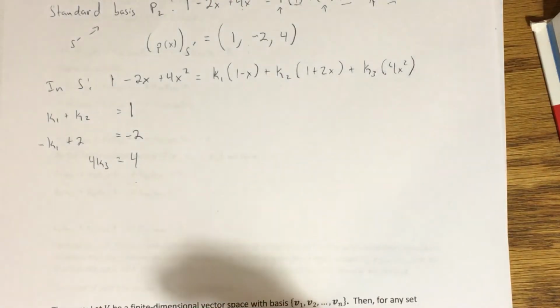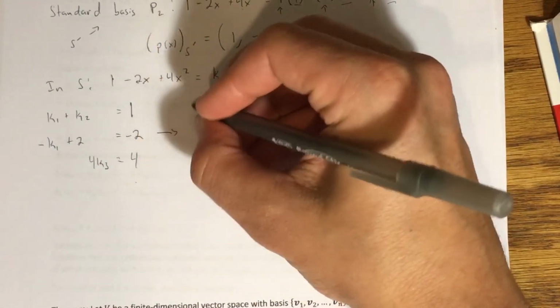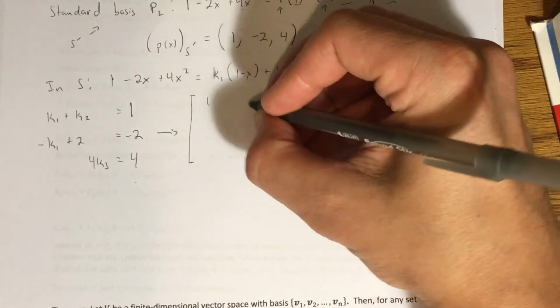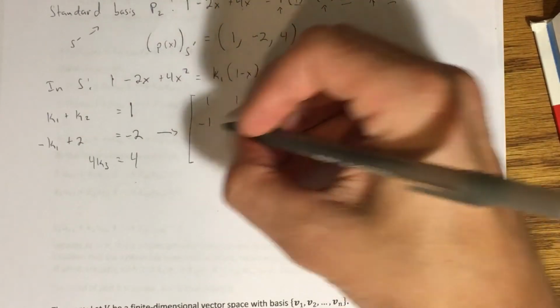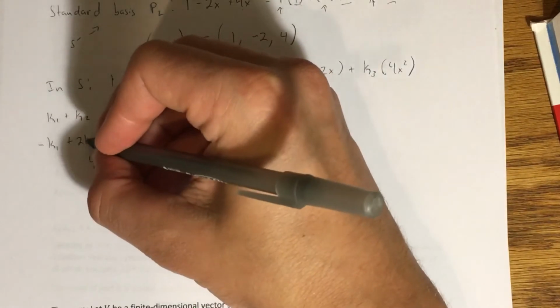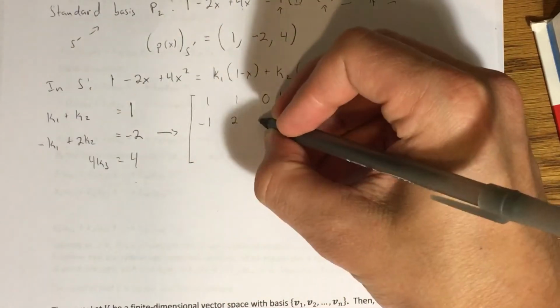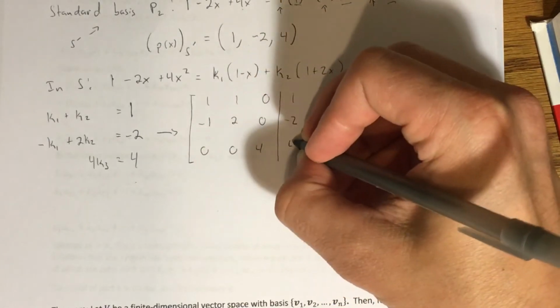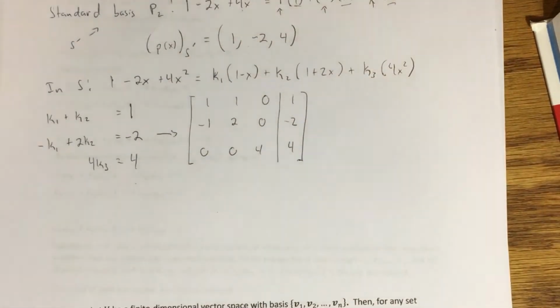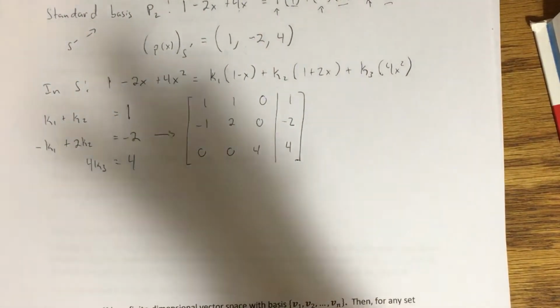Okay, let's make an augmented matrix out of this. So this is going to look like 1, 1, 0, 1, -1, 2, 0, -2, and then 0, 0, 4, 4. Okay? This matrix is fairly easy to do Gauss-Jordan on, but again, to save us time, you know how to do Gauss-Jordan.